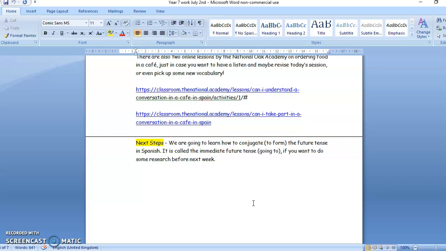So we're going to have a look at how we form it, and then the week after we'll put it into a context as well. But if you want to do some flip learning before we get to it next week, just Google immediate future tense, how you form it. So there may be some little YouTube video clips that you could have a look at before we come to do it.